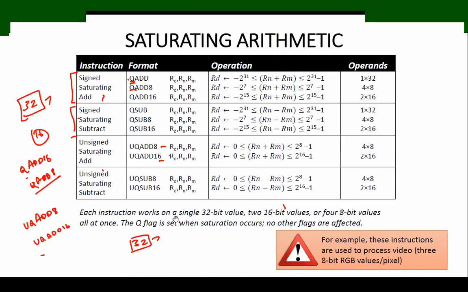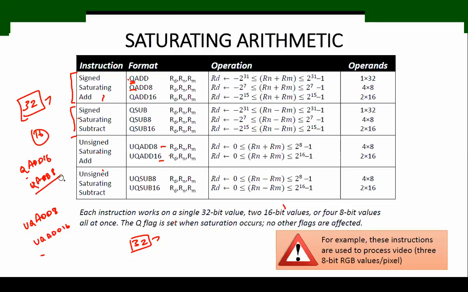Each instruction works on a 32-bit value, or two 16-bit values, or 4 groups of 8-bit values all at once. The Q flag is set when saturation occurs and no other flags are affected. Whenever there is a saturation, which means it has met its limit, then the Q flag is set. If not, then the Q flag remains as it is.